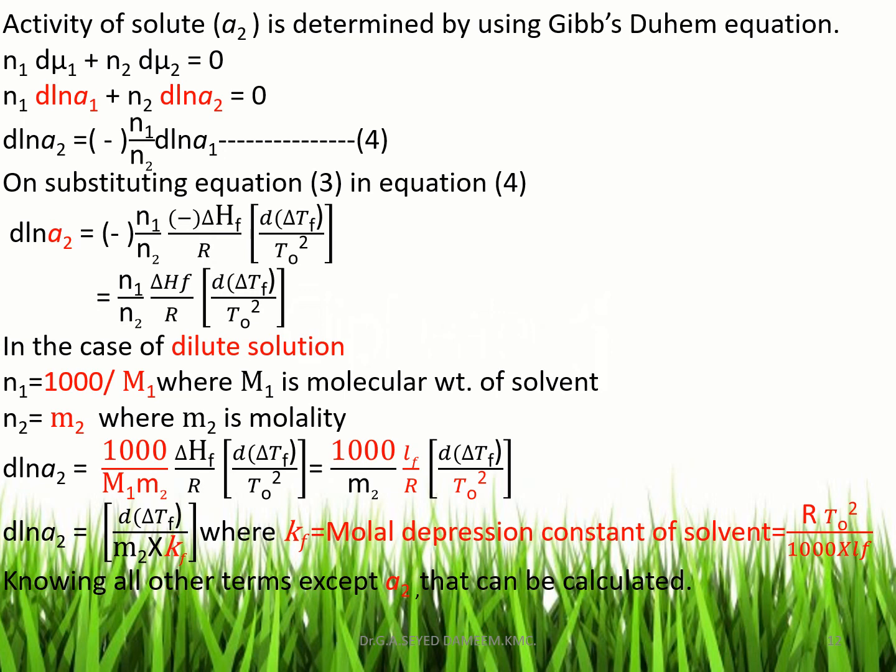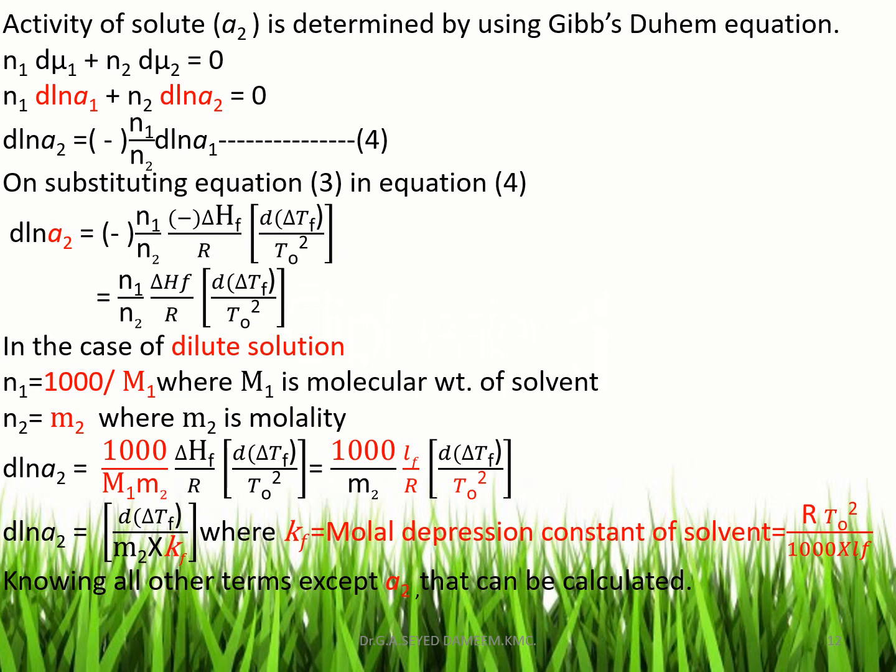That can be written as N1 d ln A1 plus N2 d ln A2 equal to 0, because mu is related to activity by the equation mu equals mu 0 plus RT ln A. So on applying for component 1, d mu 1 is equal to RT d ln A1, since d mu 0 is equal to 0, and dividing by the RT term in both terms of the equation, N1 d ln A1 plus N2 d ln A2 is equal to 0.